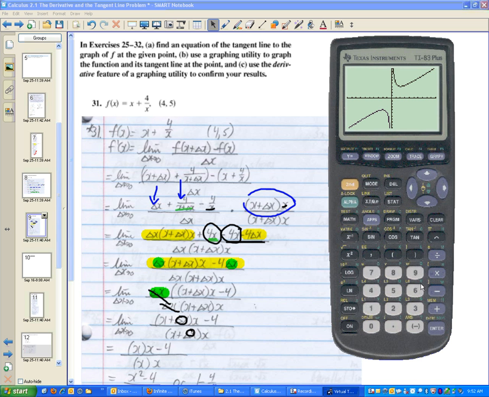All right, I graphed f of x. And then they want us to graph the tangent line, which we found to be y equals 3/4 x plus 2.